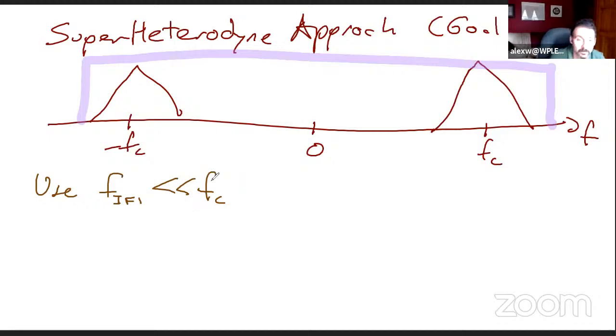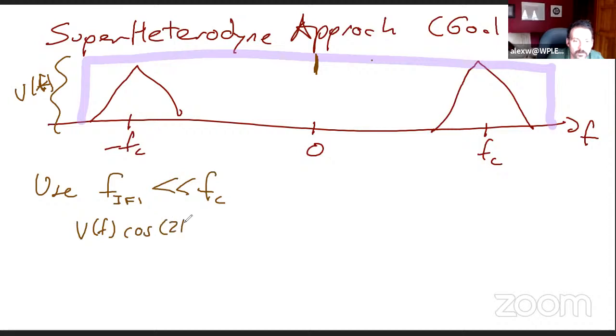So what ends up happening is, suppose I do that. The way this would work is essentially I'm moving the center to wherever IF1 is centered, right? So let's say this fella here is VF. Okay, so now what I'm doing is VF cosine 2 pi FIF1 of t. The result is this.